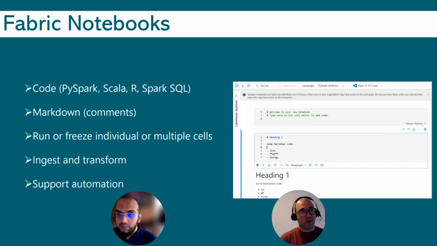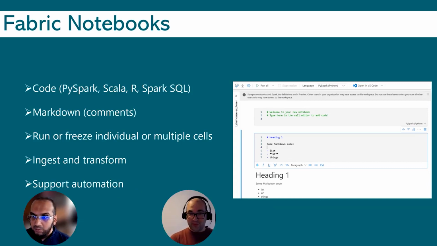Then the next one, a very powerful option for ingesting data into Fabric, is Fabric notebooks. This option, unlike the previous one, which is for Power Query people, is for coders. And when I say coders, you might be familiar with different programming languages.